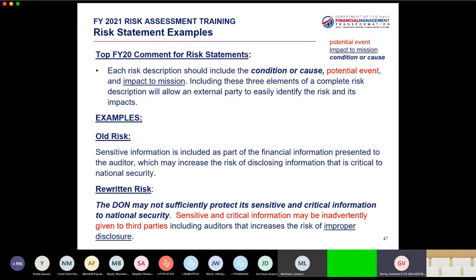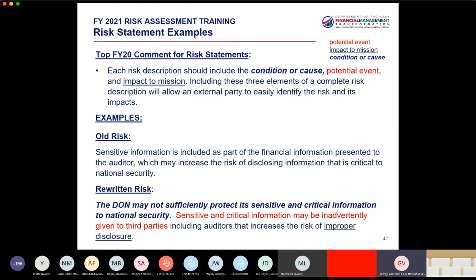So our first example here, we've got sensitive information is included as part of the financial information presented to the auditor, which may increase the risk of disclosing information that is critical to national security. So the way that risk can be rewritten to better highlight the condition, impact, and potential event is shown as the rewritten risk. The DON may not sufficiently protect its sensitive and critical information to national security.